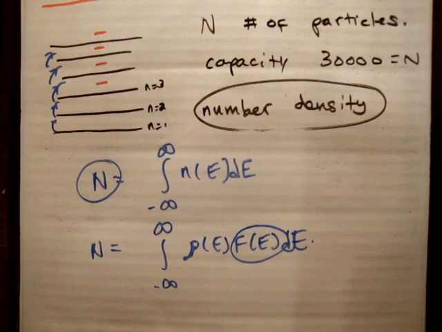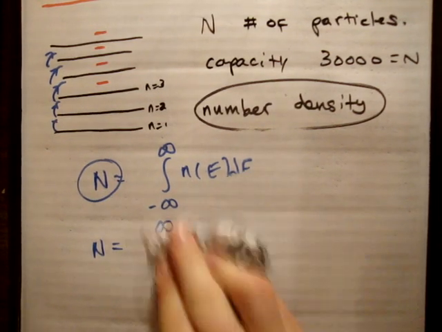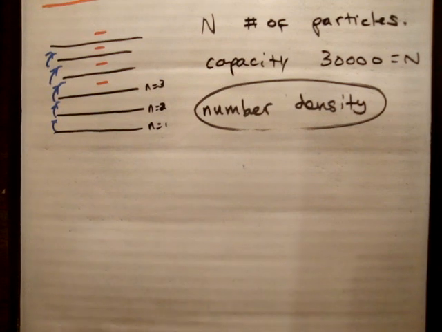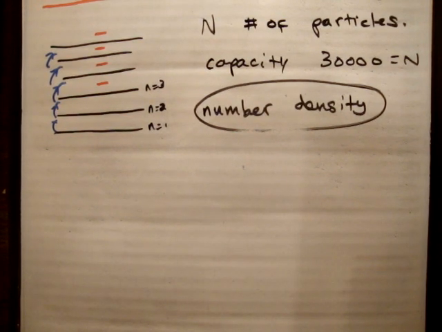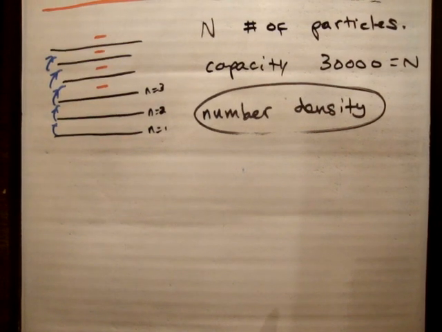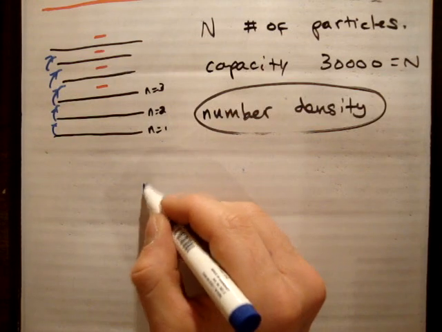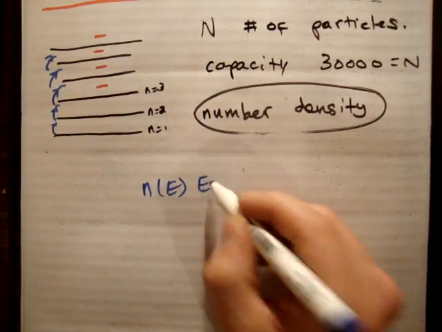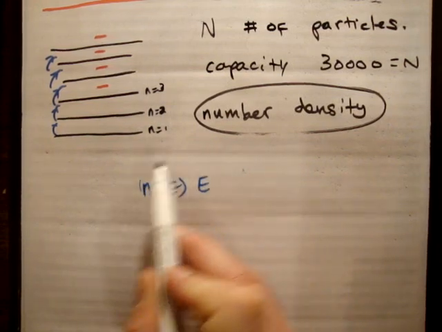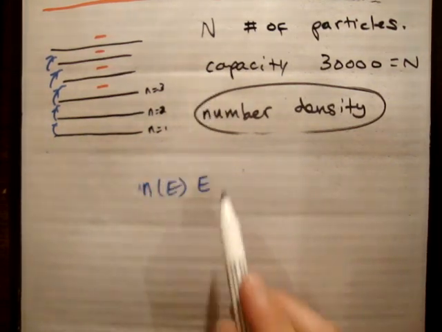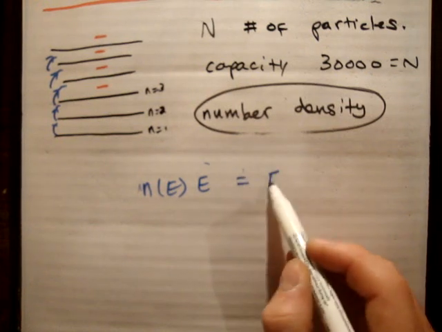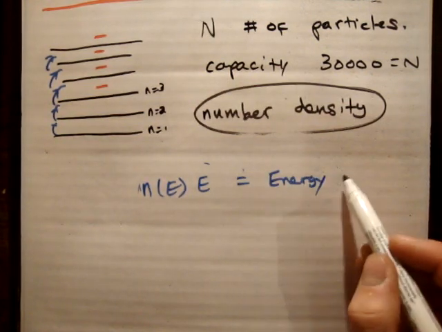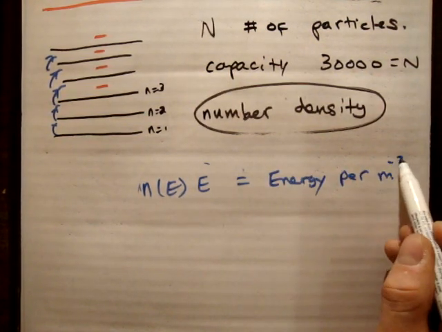Another thing I'd like to tell you: how do you find out the total energy? Well, think about it. If you know the amount of particles per unit volume, and you know the energy per particle, then you can find out the total energy. If you multiply the number of particles per unit volume by the energy, then you have the amount of energy per unit volume, energy per meter cubed.